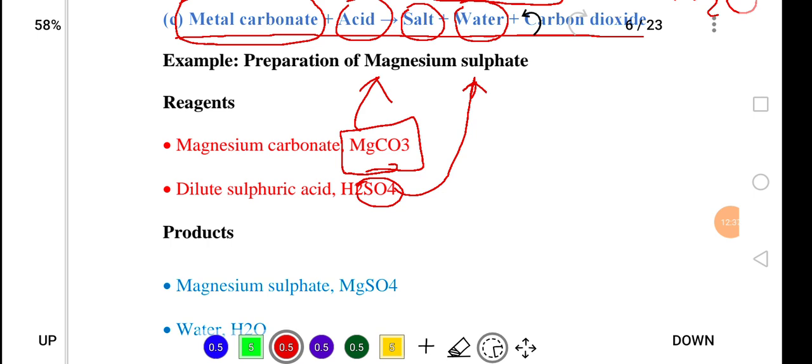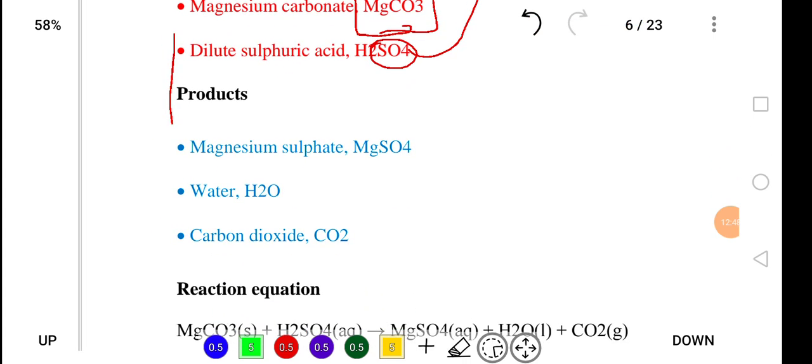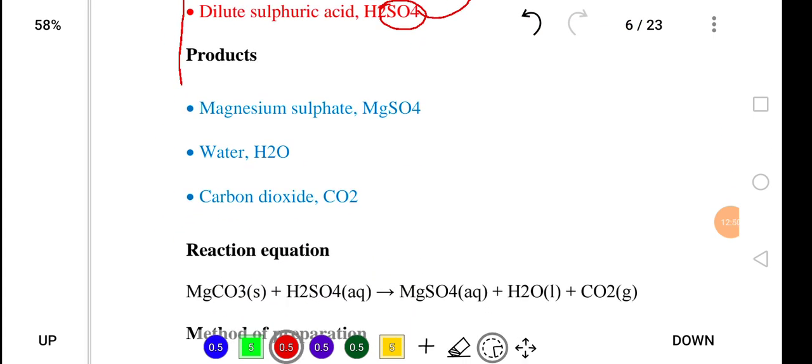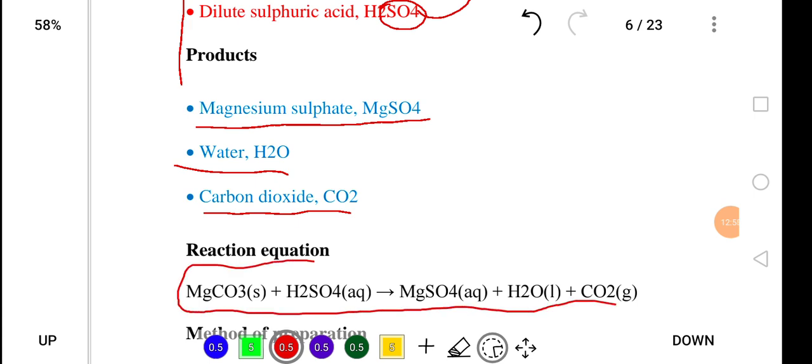So what is important is to understand questions, and the products which are going to be formed will be magnesium sulfate plus water plus carbon dioxide, as you can see. And the reaction is given. I have explained what happens when magnesium carbonate is reacting with an acid.